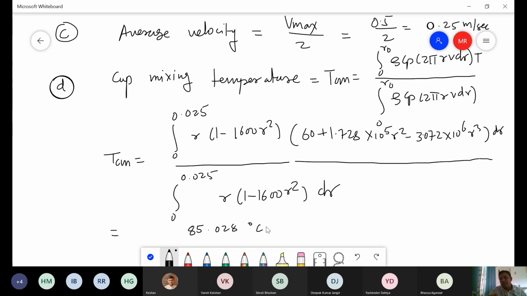Please use that and let us know whether this value is correct. Anybody got the value?